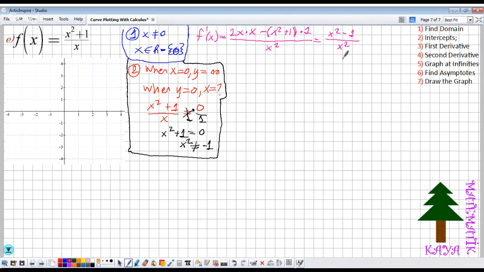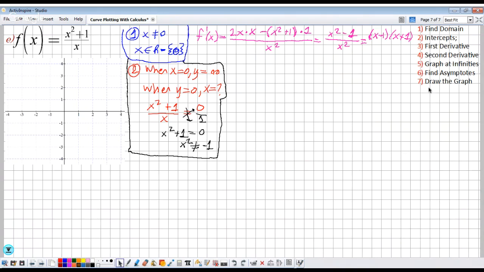So we should find the values making the first derivative equal to 0 or undefined. That's why let's factorize this expression. X squared minus 1 can be factorized as x minus 1 and x plus 1, over all x squared.